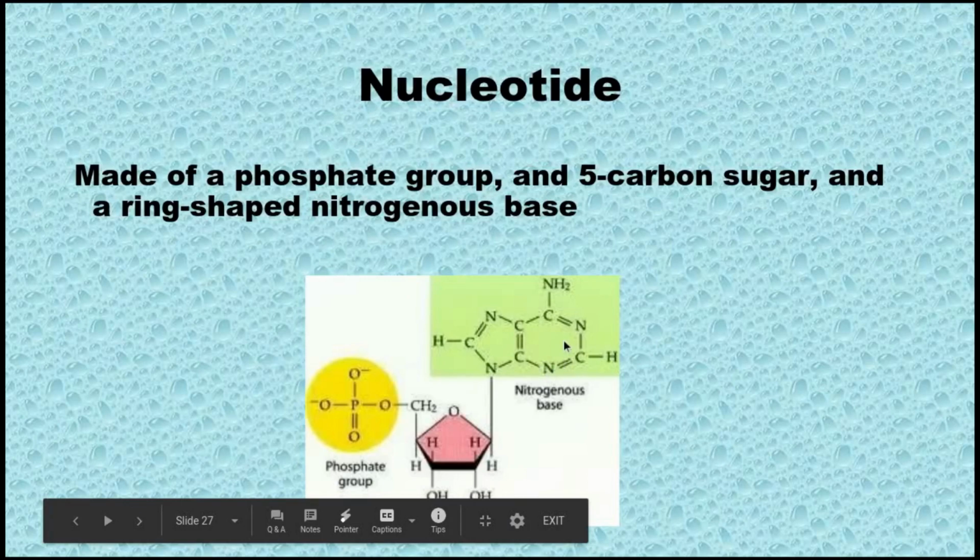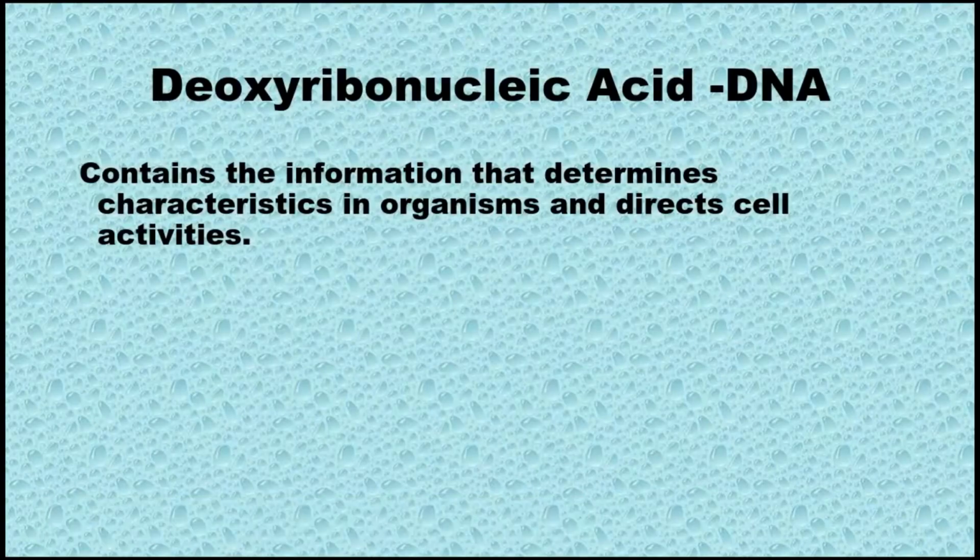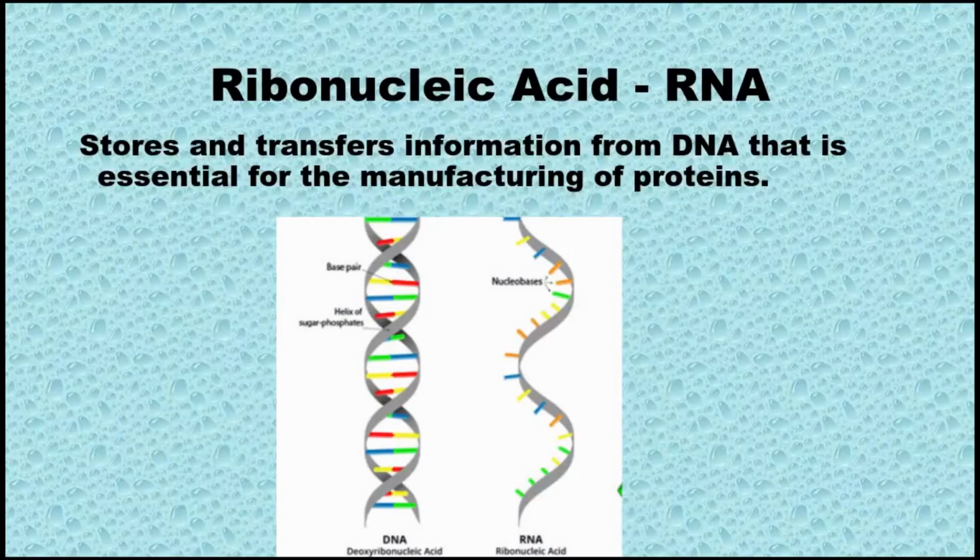You can see the ends. We have that sugar, and we have our phosphate group. And that's going to make up DNA, or deoxyribonucleic acid. So it's going to determine all of the characteristics of different organisms. RNA is similar, but it's kind of like a half of a DNA. And this is going to store information to help that DNA manufacture proteins.